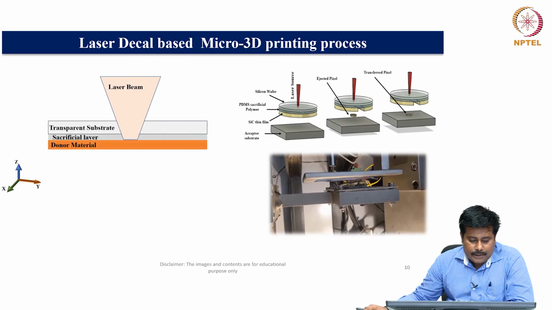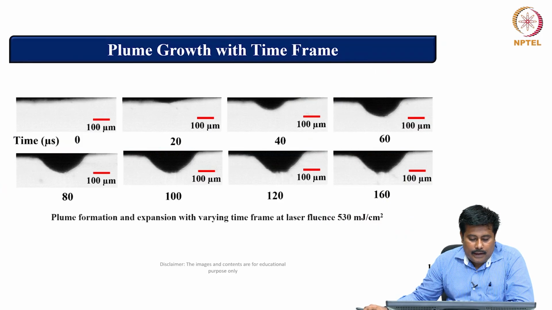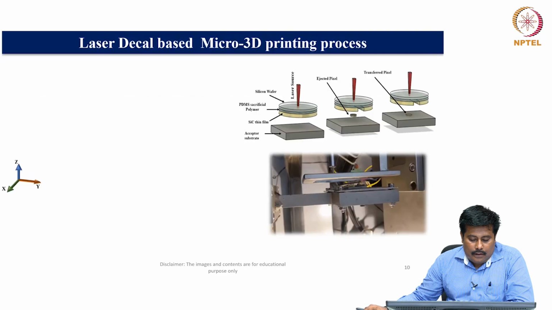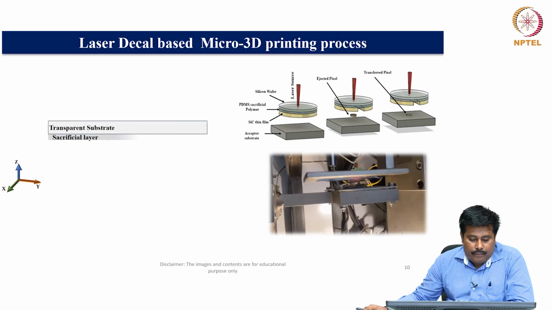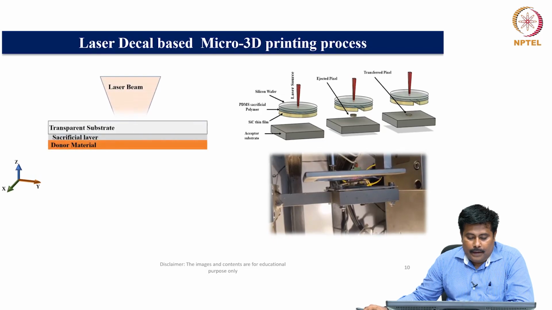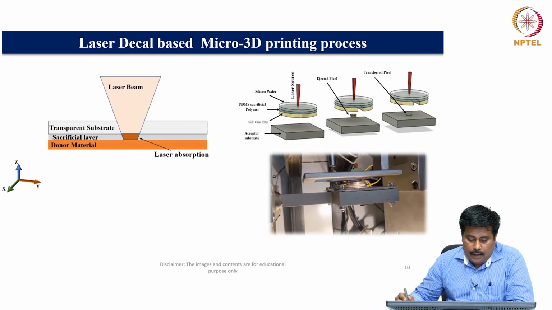Now, this is a kind of process which has evolved. A transparent substrate, a sacrificial layer, and a donor material; a laser beam is made to interact, and then laser absorption happens on the sacrificial layer.